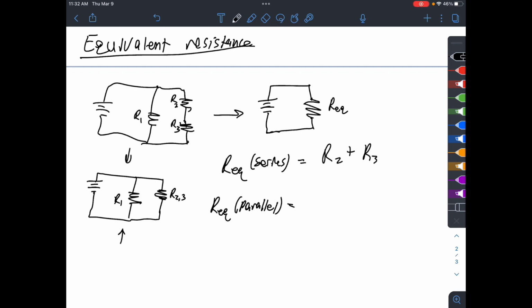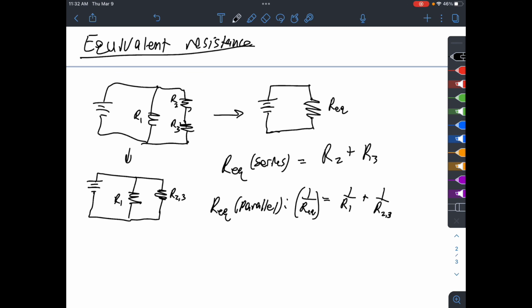Now I have two components in parallel. So to get the equivalent resistance of that, I'm going to rewrite this maybe 1 over the equivalent resistance, which is what we want to find, is equal to 1 over R1 plus 1 over R, in this case it'd be 2,3. So there's a little bit of work that needs to be done.